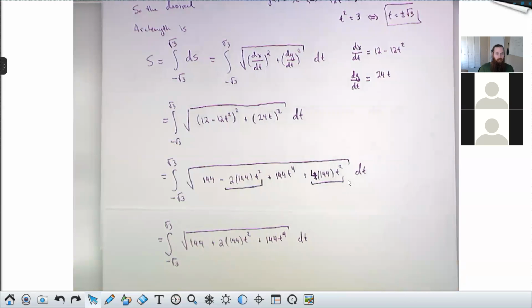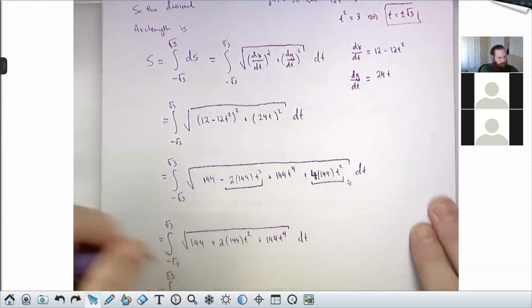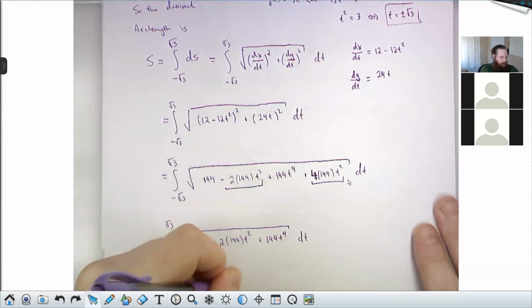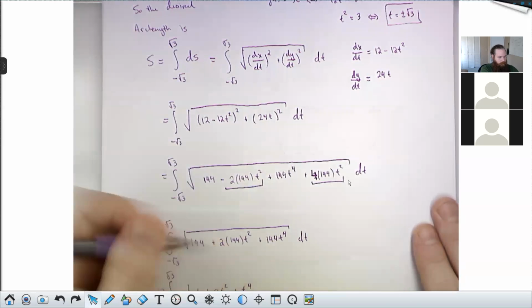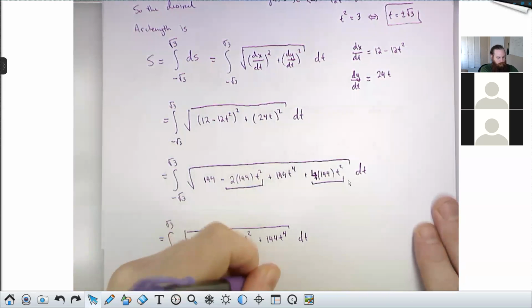So I'll factor out the 144. That'll come out as a 12 when it pops out the square root, and it can come all the way out the integral. Then I'll have the integral from negative square root of 3 to positive square root of 3 of the square root of 1 plus 2t squared plus t to the 4 dt.